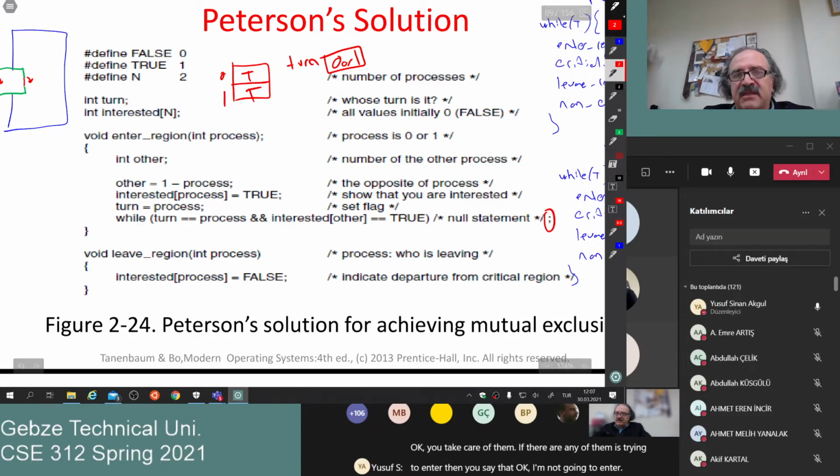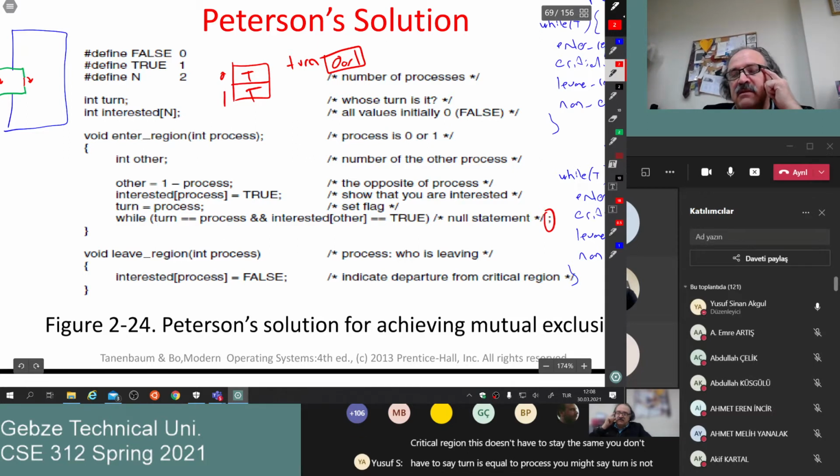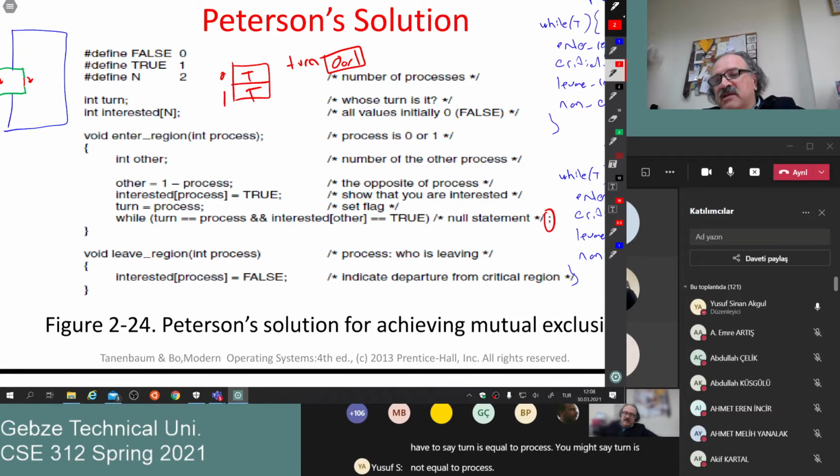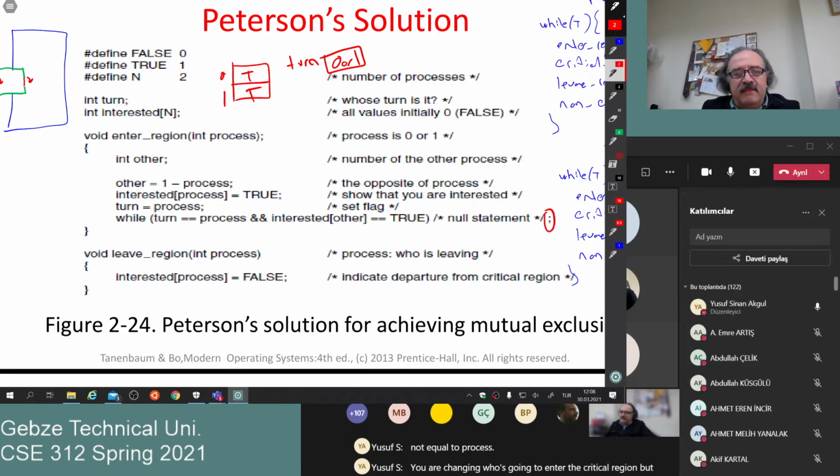And since there is only one turn, and everybody is sharing it, depending on its value, one of them will go into the critical region. This doesn't have to stay the same. You don't have to say turn is equal to process. You might say turn is not equal to process. You are changing who is going to enter the critical region, but it doesn't matter. Only one of them will enter the critical region.